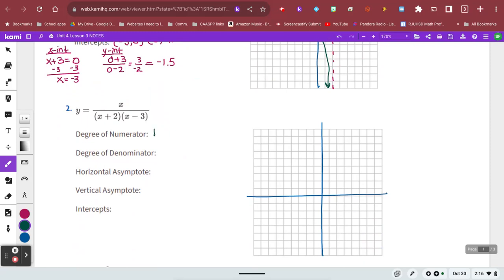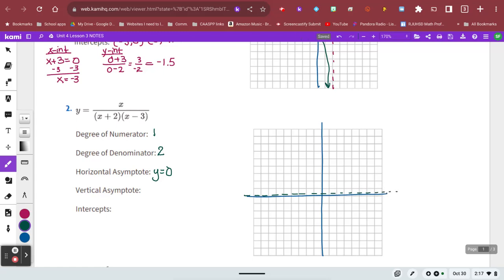Degree of our denominator, we have 2 x's, so if we multiplied it would be x squared. Whenever the denominator is bigger than the numerator, we're going to have our horizontal asymptote at 0. So y equals 0, we're going to graph it right here. I'm just doing it a little bit above so we can see it.